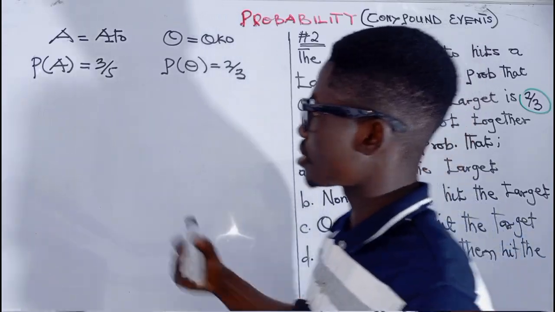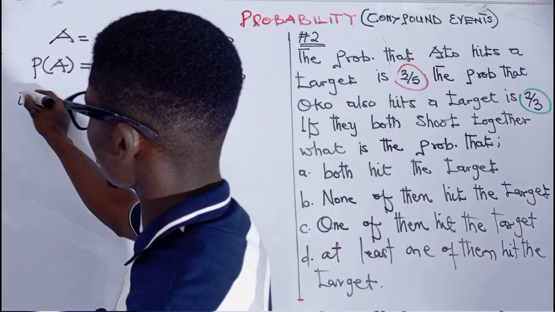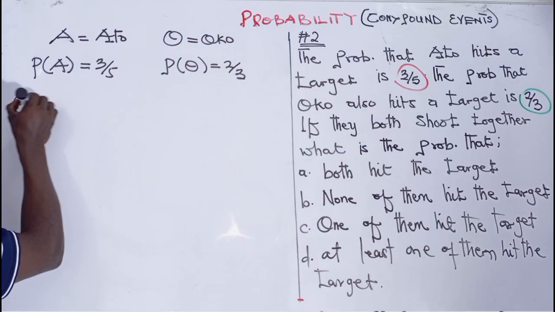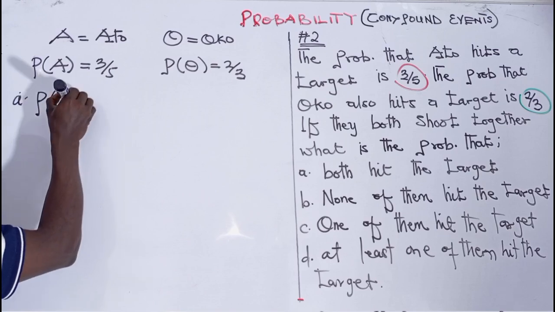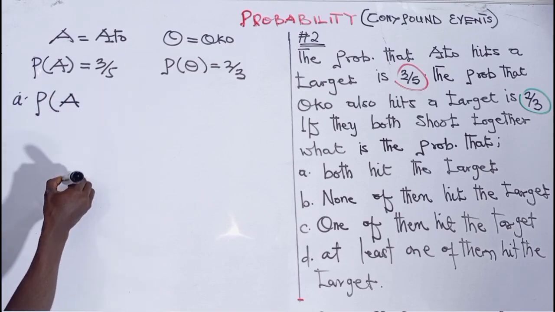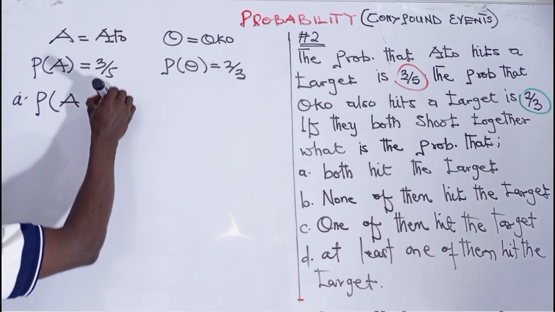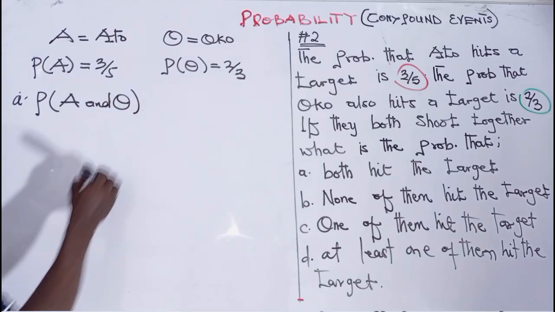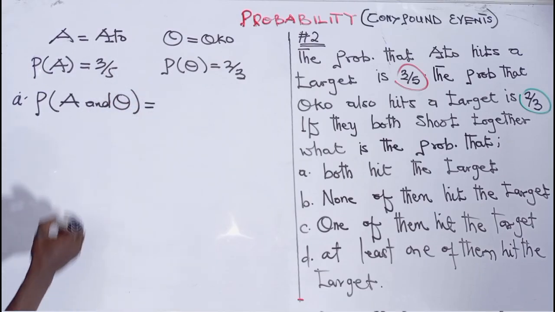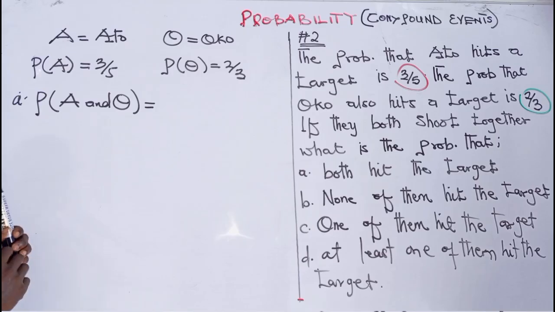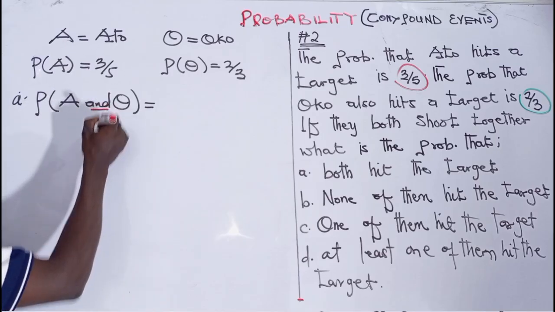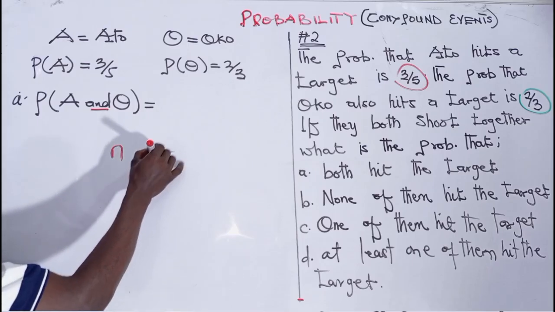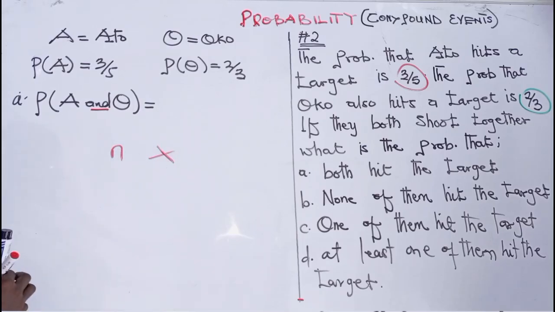So we can write it as the probability that Ato hit the target and Oko also hit the target. Now we said that the word and is the same as the intersection, and it corresponds to the multiplication law.